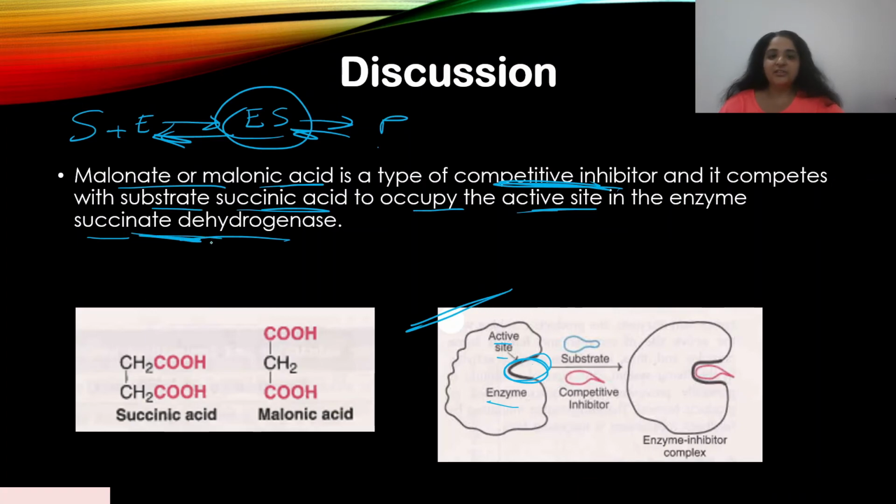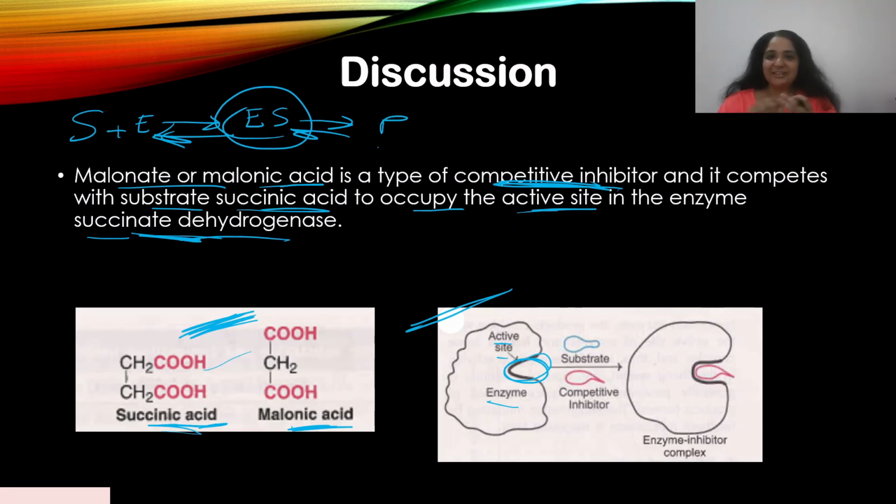Succinate dehydrogenase we know is an enzyme, right? Its substrate is succinic acid. Now if you look at the structure of malonic acid and succinic acid, the structures are almost similar. It's a very interesting thing to study in nature, how nature is able to stop these reactions by creating something that is almost similar in structure and can fool the enzyme into thinking, I can convert it to a product, but I can't do it now, so I'm stuck.